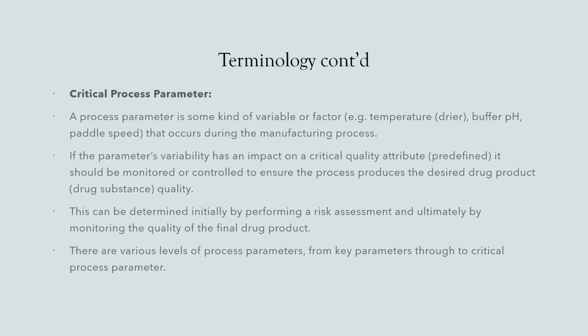And as I said, this can be determined initially by performing some risk assessments, where you will do a risk analysis and a calculation against the predefined criteria, a risk evaluation, and then you will take appropriate actions to control or mitigate that risk by monitoring or by controlling and limiting, for example, the variability of that particular process.